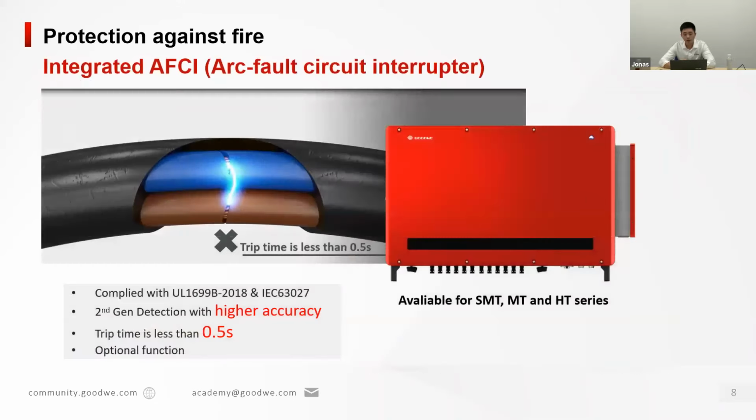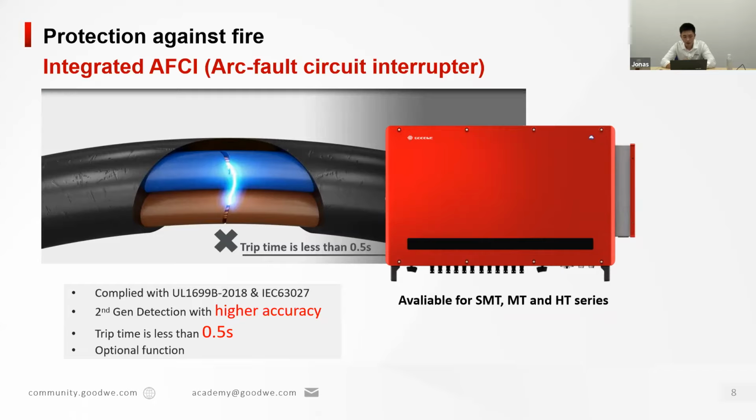The arc fault in the PV system is always caused by a damaged wire or improper installation of the terminal. The very high voltage will generate an arc in the air.